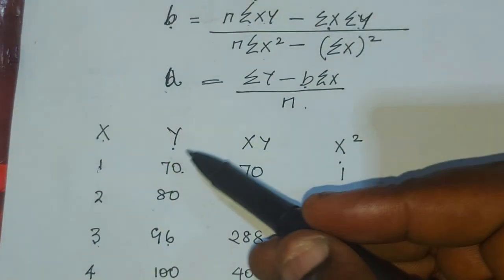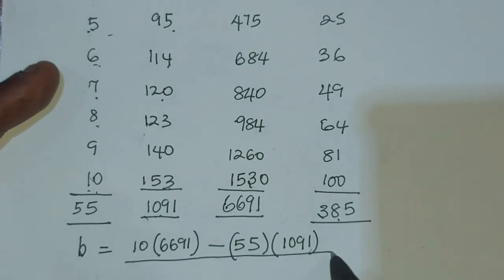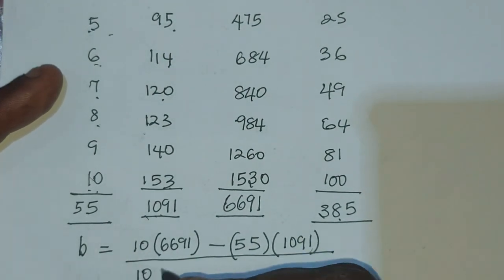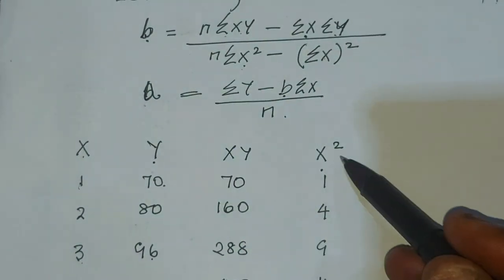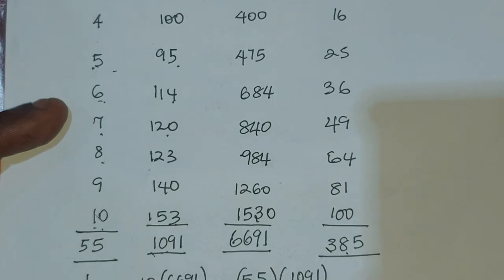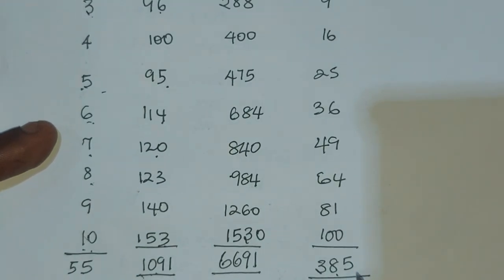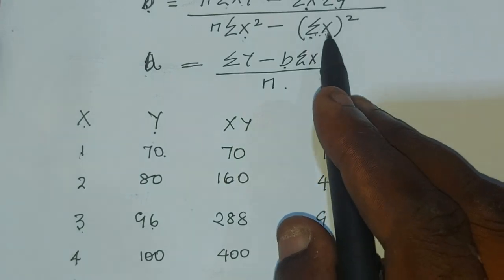All right, then divided by n summation x squared, which is 10 into brackets 385, minus summation x. So you have to be very careful here.